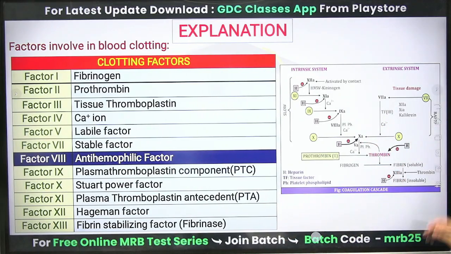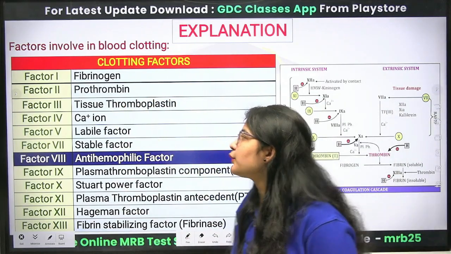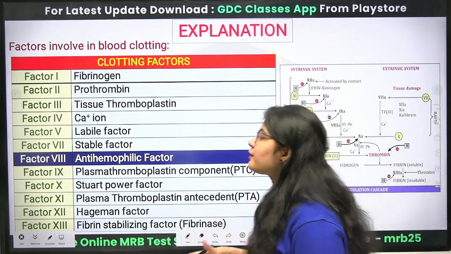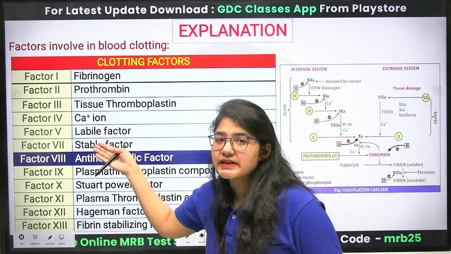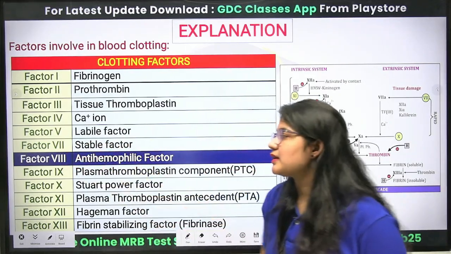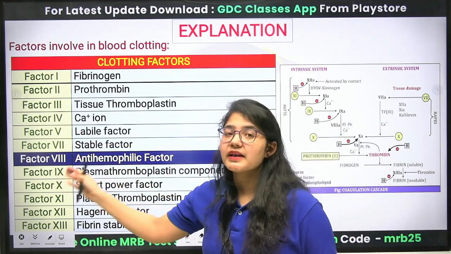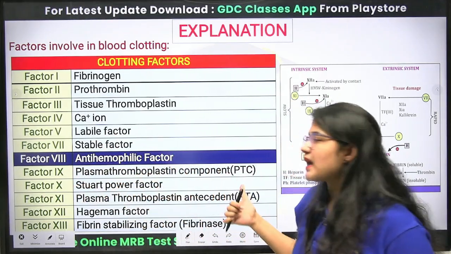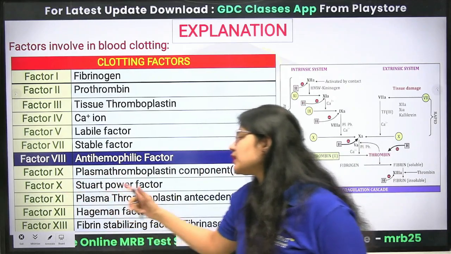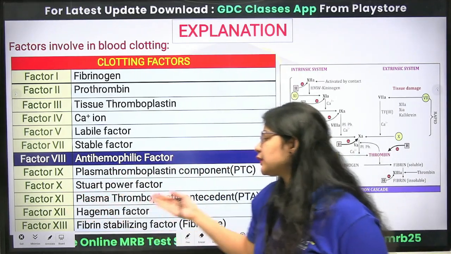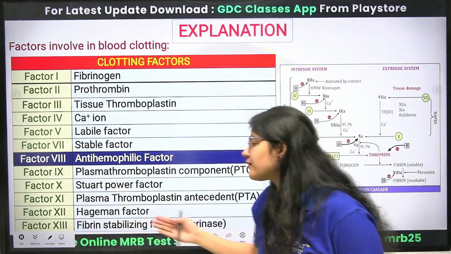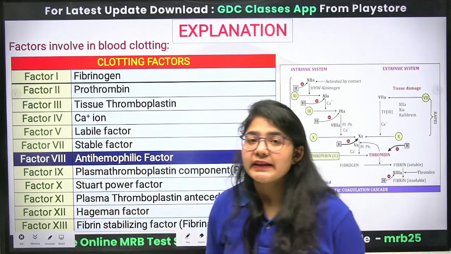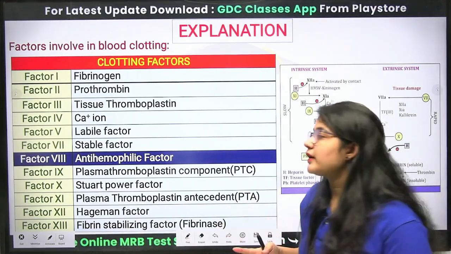Factor 1 is fibrinogen, factor 2 prothrombin, factor 3 tissue thromboplastin, factor 4 calcium ion, factor 5 labile factor, factor number 6 is missing, the seventh factor is stable factor, factor number 8 is anti-hemophilic factor, factor 9 plasma thromboplastin component, factor 10 Stuart-Prower factor, factor 11 plasma thromboplastin antecedent, factor 12 Hageman factor, and 13 is fibrin stabilizing factor. On the counting you can see 13, but totally there are 12 clotting factors because the 6th factor is missing.